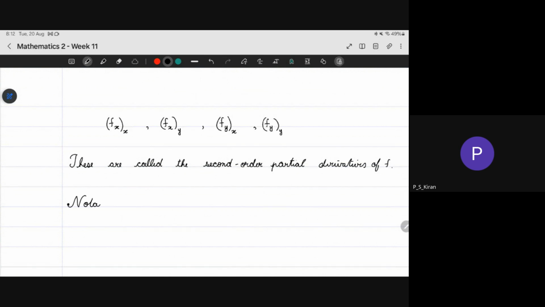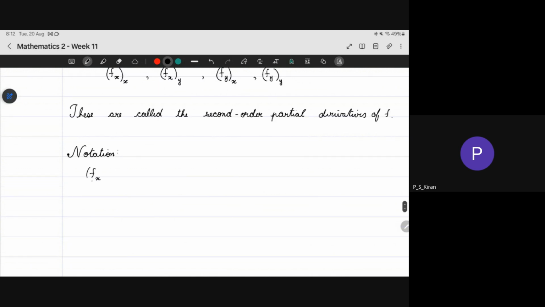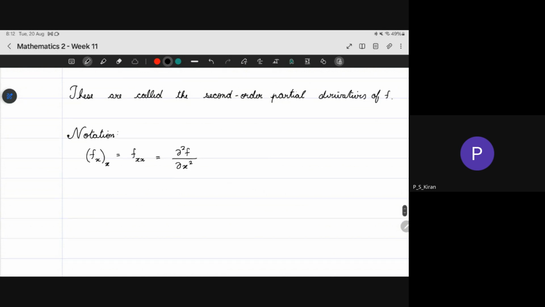A quick note on notation. This f_x, the x partial derivative of f, is generally written as f_xx, or, just like when you write d squared f by dt squared for a function of one variable t, it's similar notation.